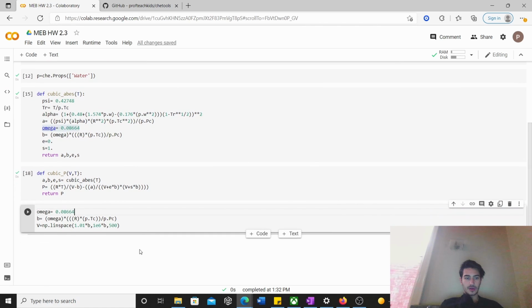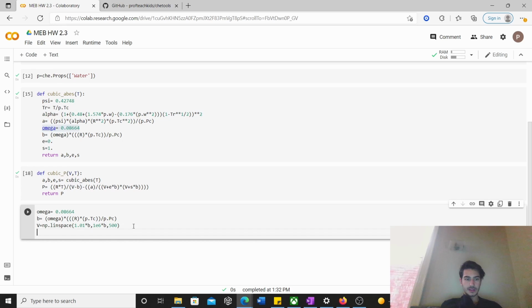Now we also want to go ahead and recall what pressure is. So we're going to go ahead and just put P is equal to, what we set up here, we're just going to say P is equal to cubic equation P with volume and temperature. Right.